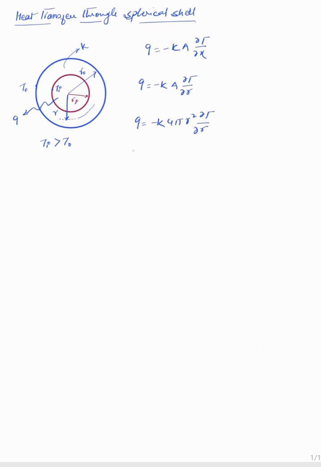We need to integrate this equation with respect to the limit, r varies from Ri to Ro and temperature T varies from Ti to To. So let's rearrange this equation again. 1 by r square dr equals minus K 4 pi by Q dT.